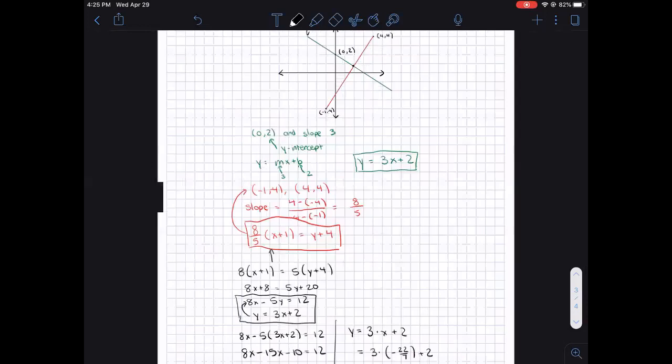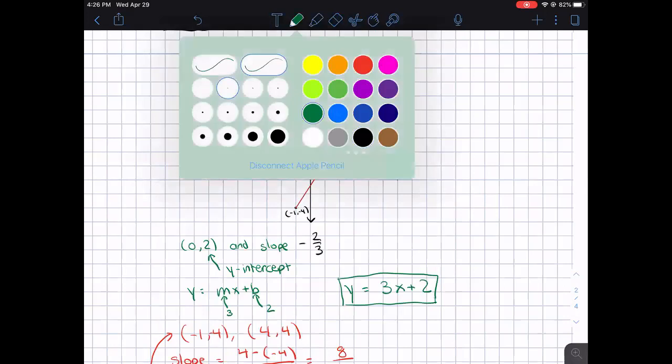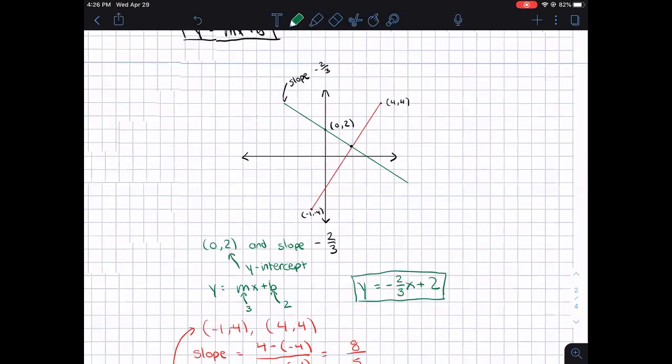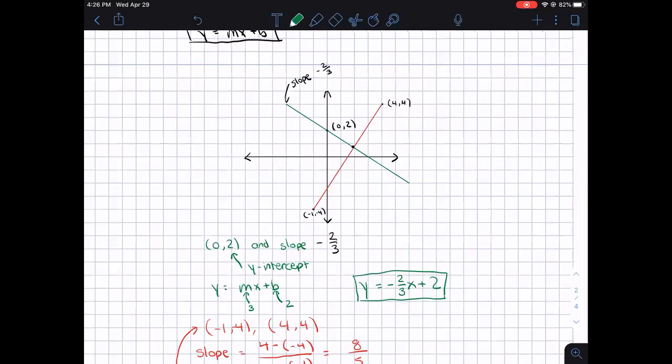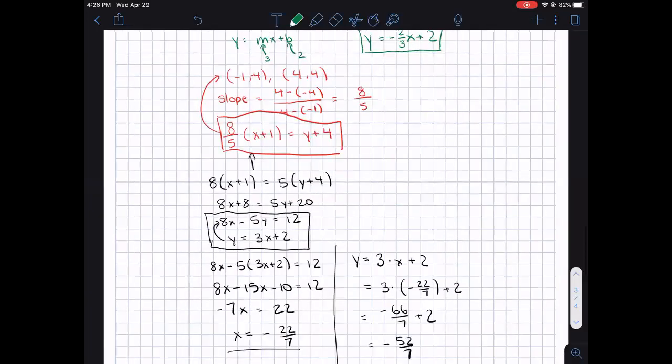So here, I accidentally wrote the slope as 3 when it was negative 2 over 3. So here, this equation should be negative 2 over 3 x plus 2. So let's just solve this equation again, I guess.